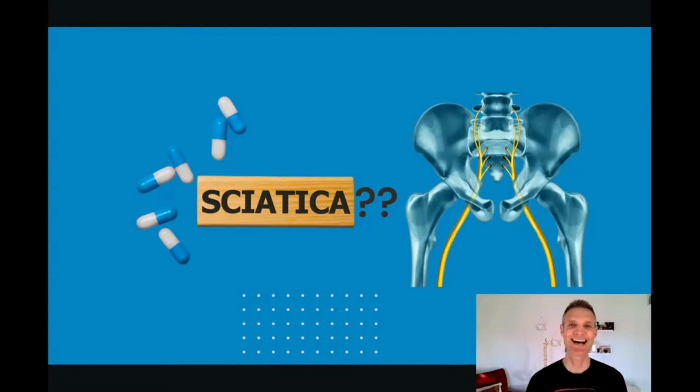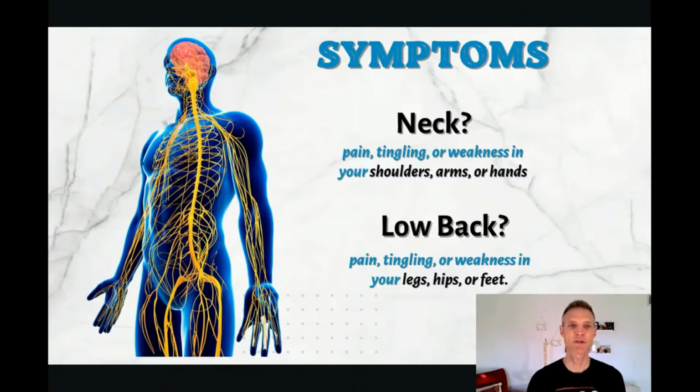So it's not always sciatica. We mentioned the symptoms already. If it's in the neck, pain, tingling, or weakness in your shoulders, arms, and hands. In the low back, pain, tingling, or weakness in your legs, hips, or feet. You can have balance issues and coordination issues as well.